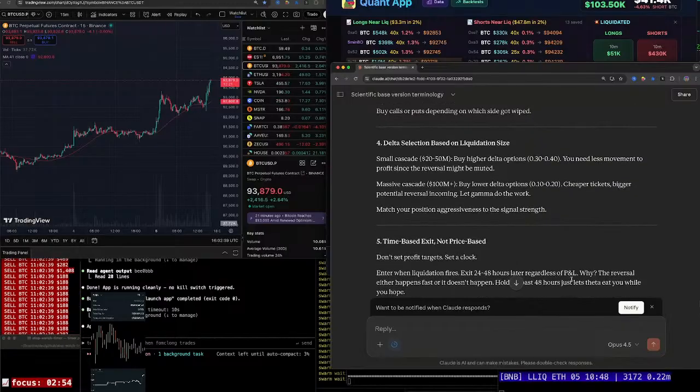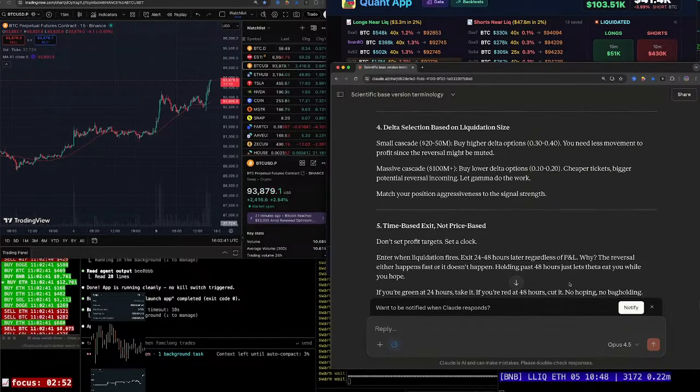Delta selection based on liquidation size, small cascade. Buy higher delta options. You need less movement to profit since the reversal might be muted. Oh, okay. Buy lower delta options. Okay, so I'm a United guy, but I could look into some delta.